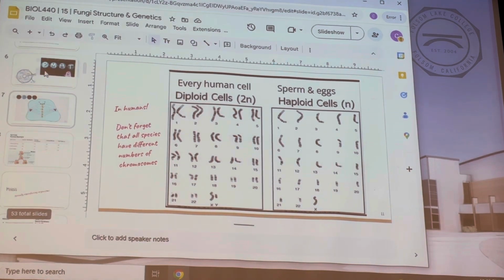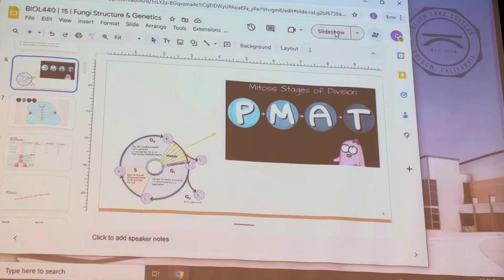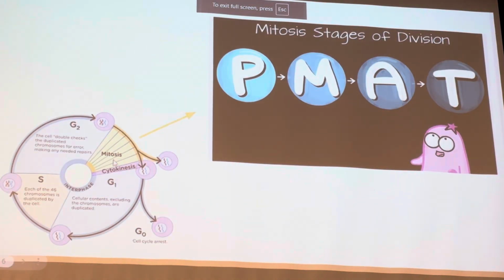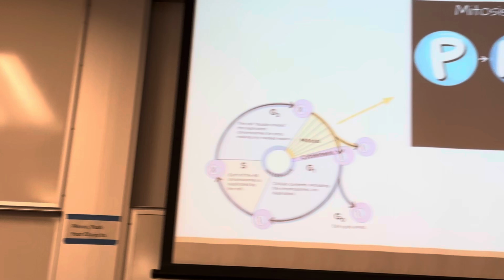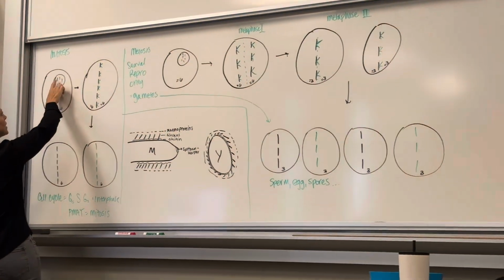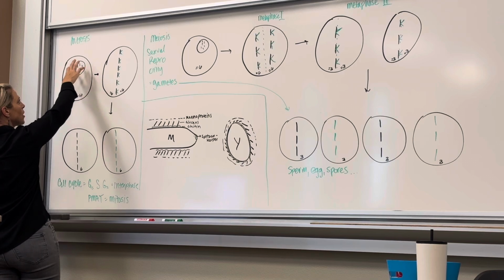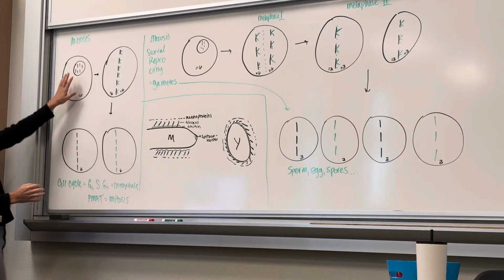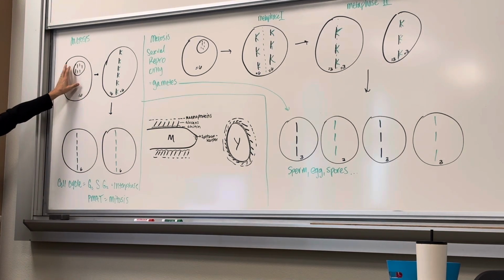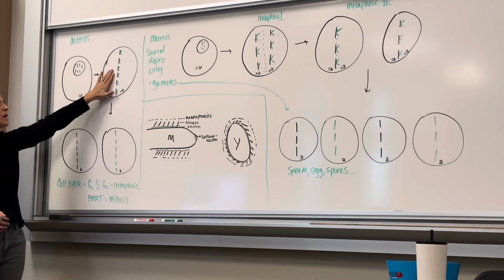But the point of mitosis is organization. In mitosis, the chromosomes are organized along the metaphase plate. When it's already gone through G1, synthesis, and G2, so all the way through interphase, now it's going to go through PMAT.